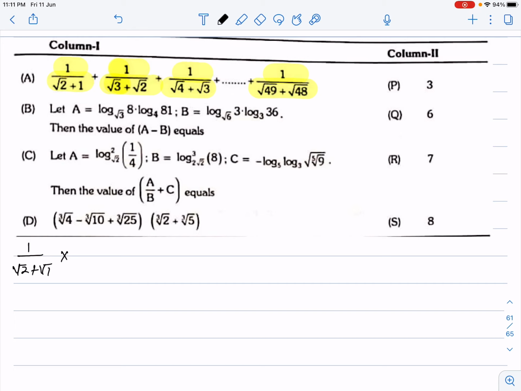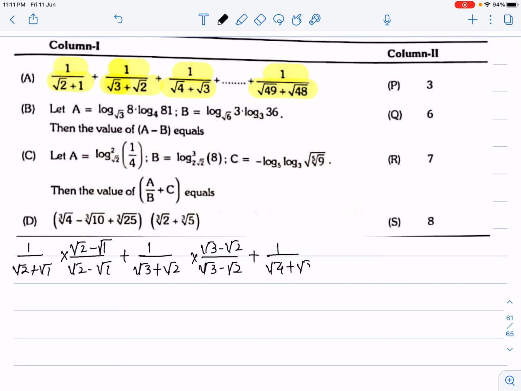So I'll be going to rationalize this thing, multiplying it by root 2 minus root 1 divided by root 2 minus root 1. Then the next thing I'll be writing, 1 upon root 3 plus root 2. I'll be going to multiply it with root 3 minus root 2 and divide it with root 3 minus root 2. Then the next thing, 1 upon root 4 plus root 3.